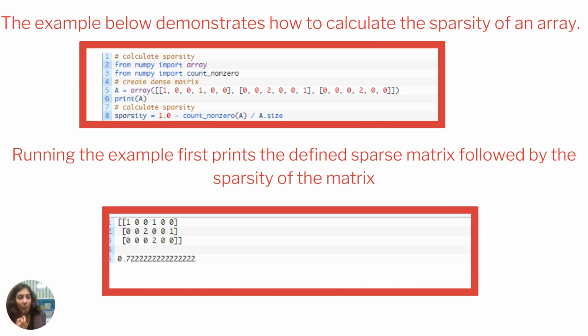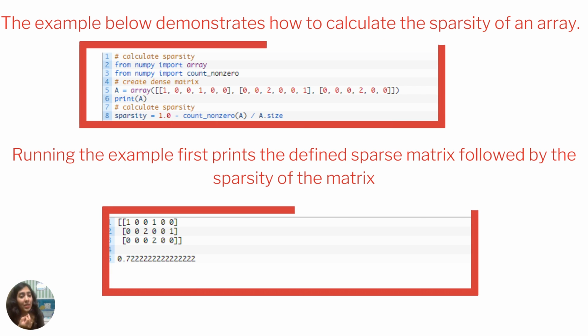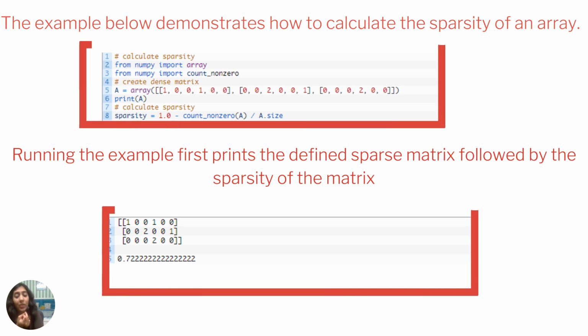You can take a look at it. Here is an example demonstrating how to calculate the sparsity of an array, and right below there is also an example of how to define a sparse matrix, followed by the sparsity of the matrix.